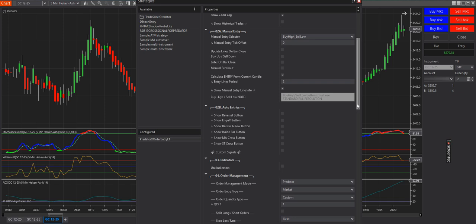You can trade it manually, or semi-manually, meaning if you have signals on the chart, once the Predator detects those signals, it'll enter the trade for you automatically, and you can do your exit strategy manually. Or you can have it fully automated, so it enters a trade for you, and based on your conditions, it can also exit the trade for you. Also, you have custom signals.